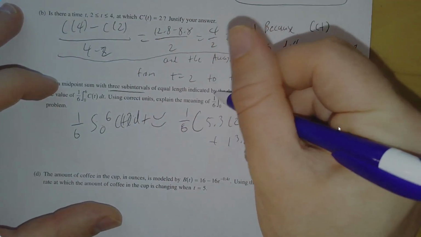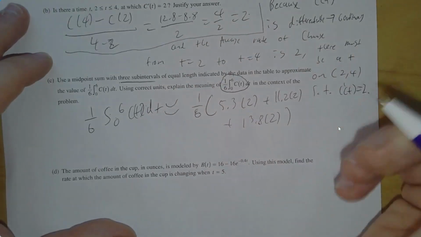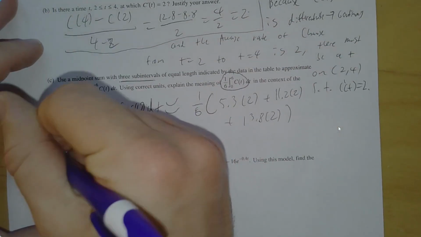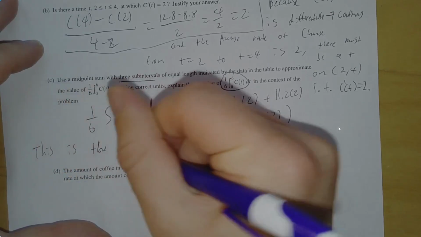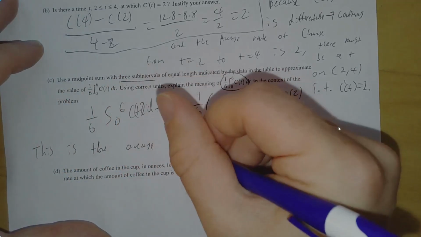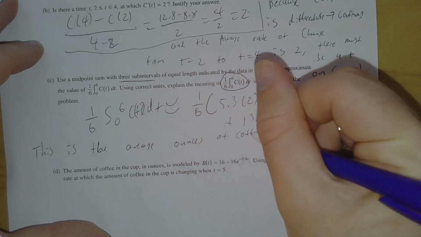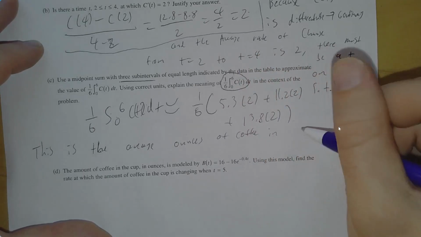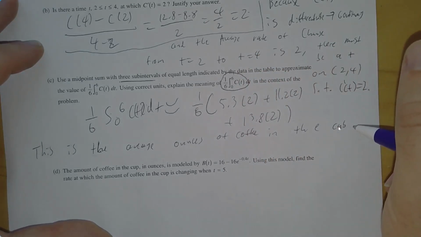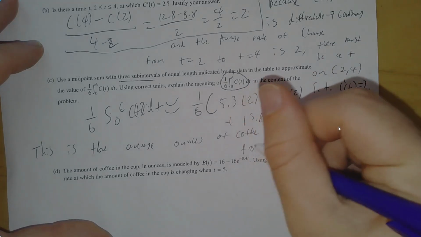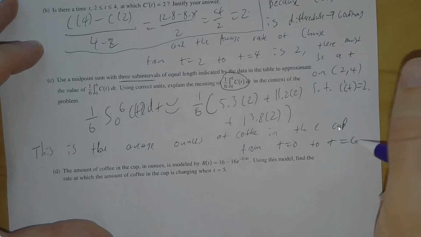So you have to recognize that that is average value, right? That is the average value. So I can just say this is the average ounces of coffee in the cup from t equals 0 to t equals 6.